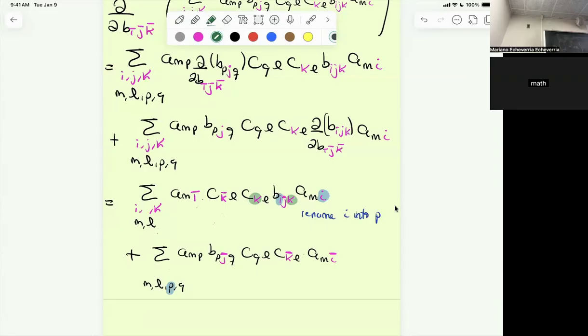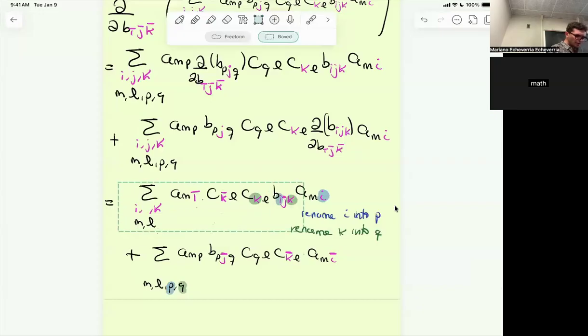What I'm calling K, I'm going to call Q. Let's see if that works. I think it should. Rename K into Q. Again, I'm not changing any of the names for the second sum, only the names for the first one.